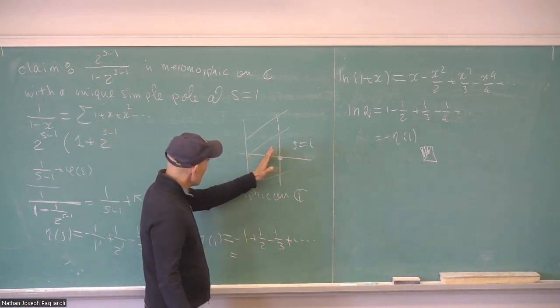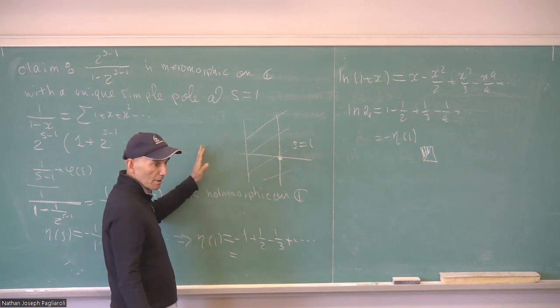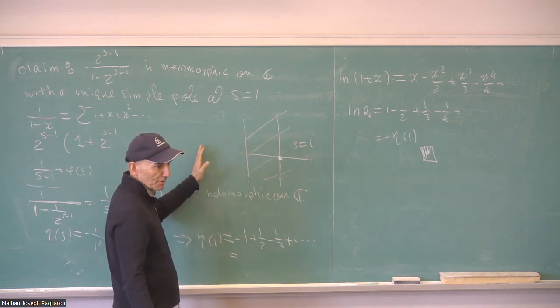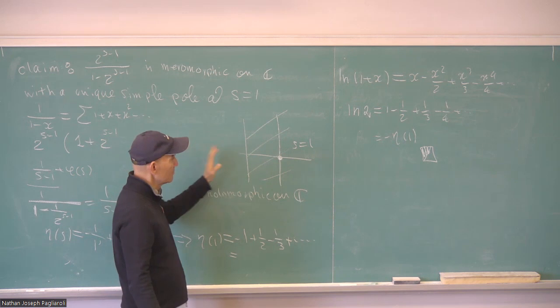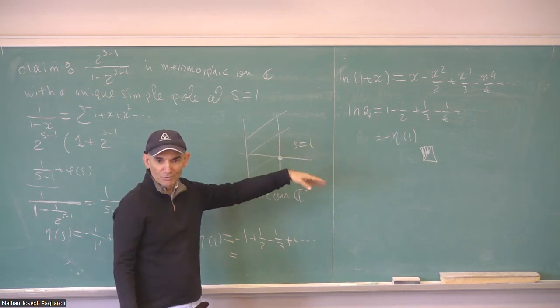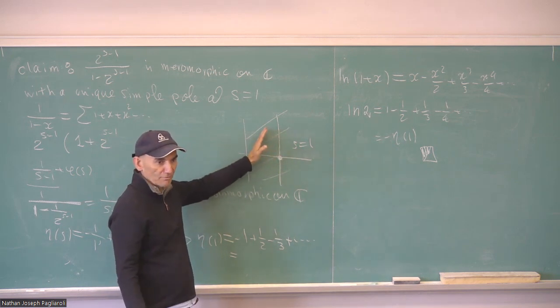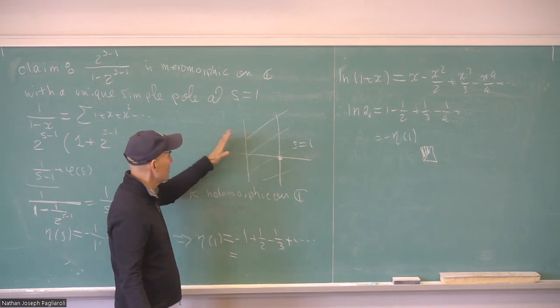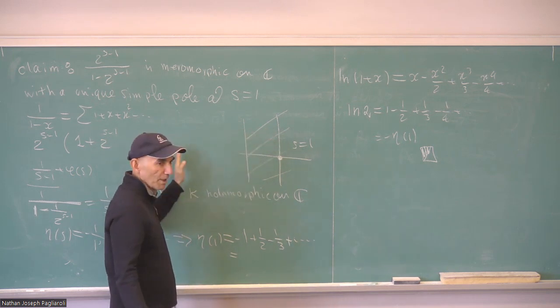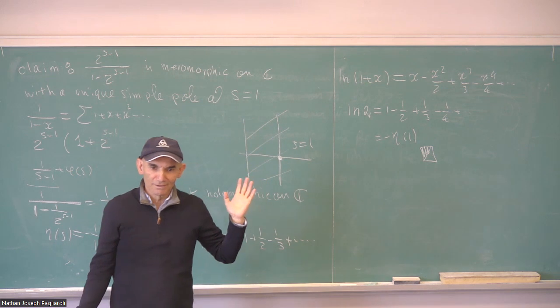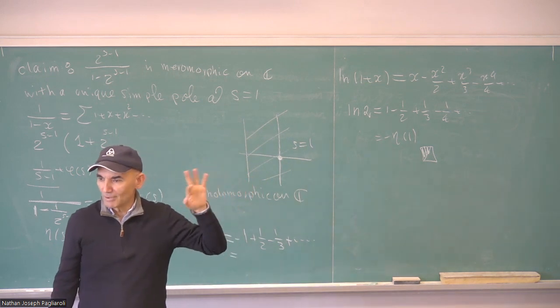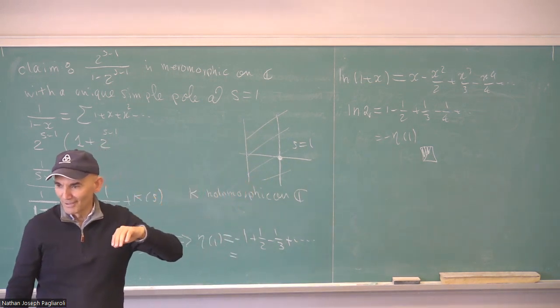Now, pushing this to the left takes much more energy and creativity than this method. This is a very elementary method. To show that the Riemann zeta function is actually analytic on the whole complex plane, we have to have some new ideas, because these elementary manipulations don't work anymore.